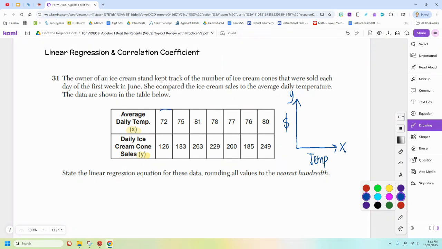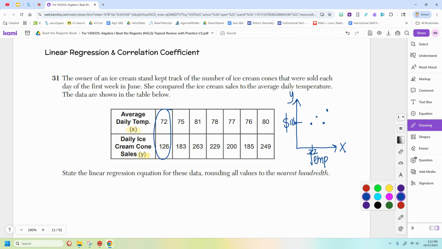So for example, this set of data is the point 72 and then 126. And there would be a data point floating out here. And what's happening is there's a number of data points out here, and this is called a scatter plot.